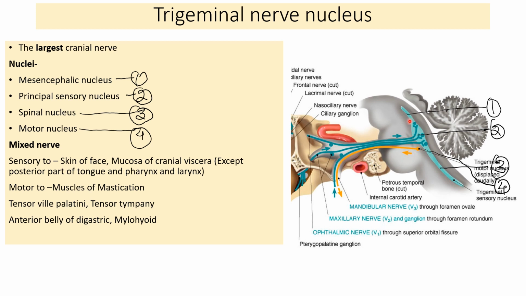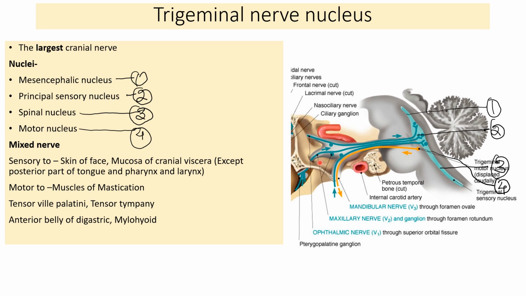The mesencephalic nucleus is related with proprioception, whereas the rest of the nuclei are related with exteroception. In the case of the mesencephalic nucleus, the cell bodies of the proprioceptive fibers lie in the mesencephalic nucleus. So remember this: proprioception is carried by the mesencephalic nucleus, and the cell body, instead of lying in the trigeminal ganglion, lies in the mesencephalic nucleus.